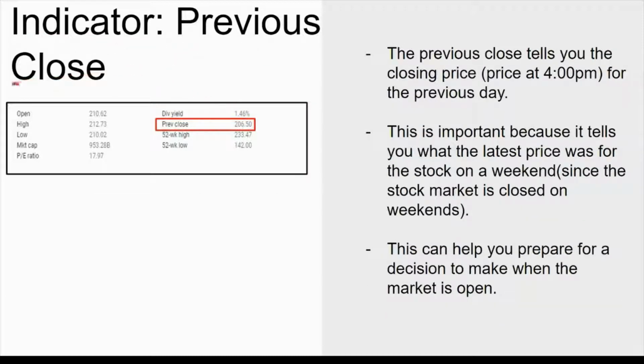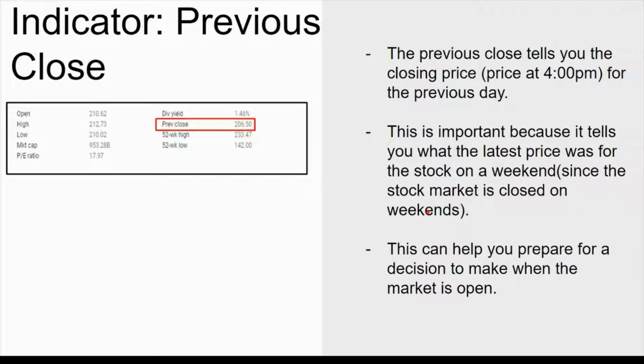So another indicator is the previous close. So the previous close tells you the closing price, which is the price at 4 p.m., since the stock closes at 4 p.m., for that previous day. This is important because it tells you what the stock's latest price was on a weekend, since the stock market is closed on weekends.